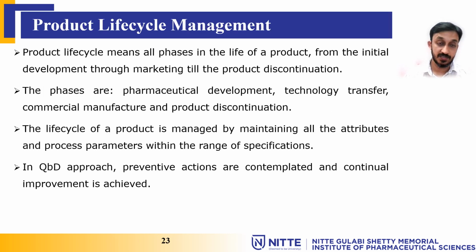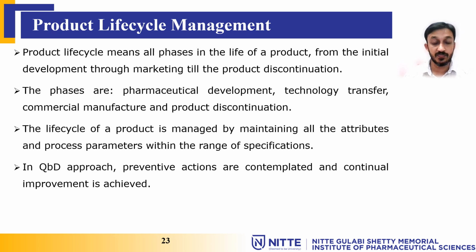Product lifecycle management. Product lifecycle management means all phases in the life of a product, starting from first design and development of a product to sustaining it in the market for a longer duration, and till the product is discontinued from the market after a long number of years.